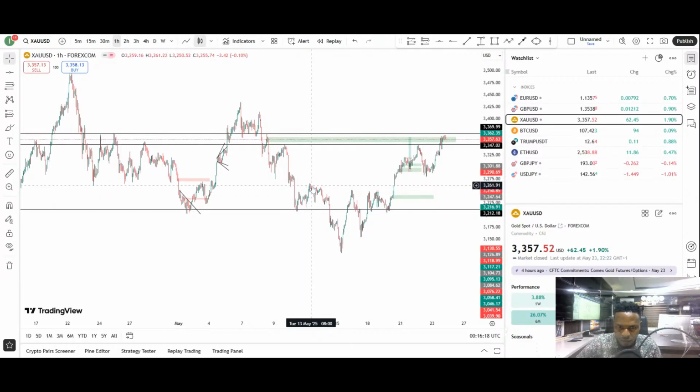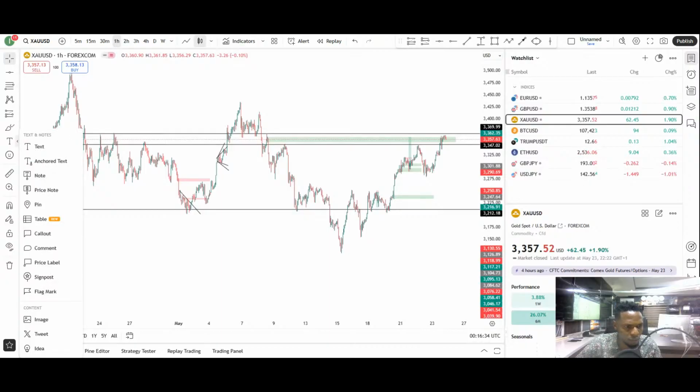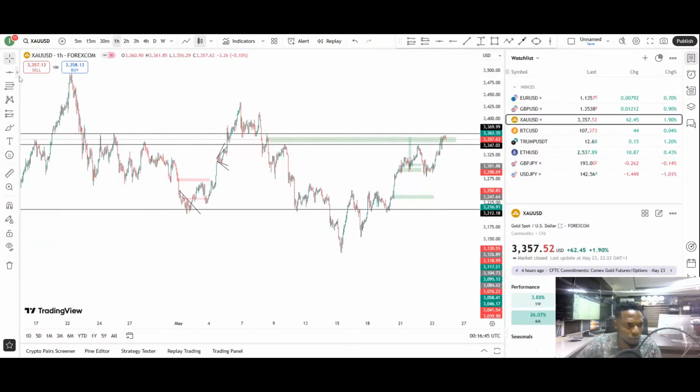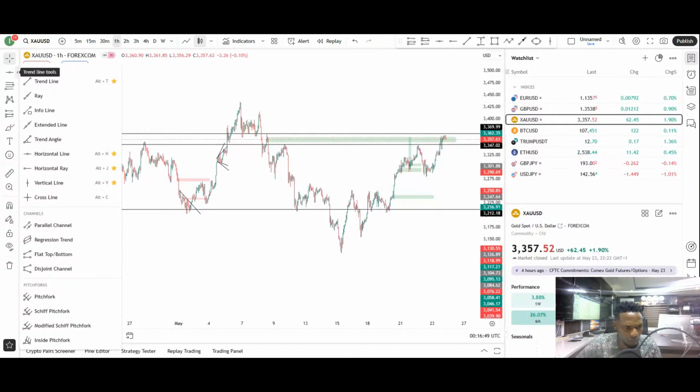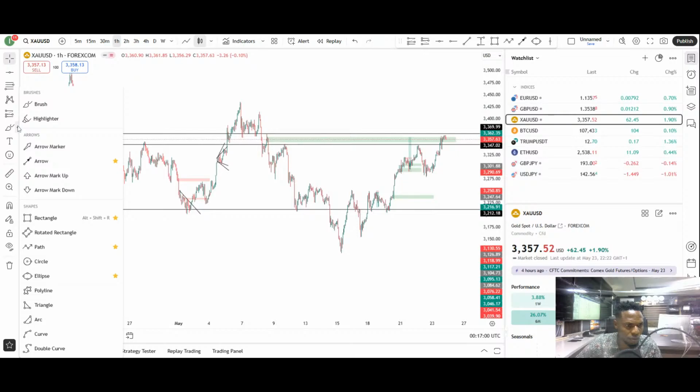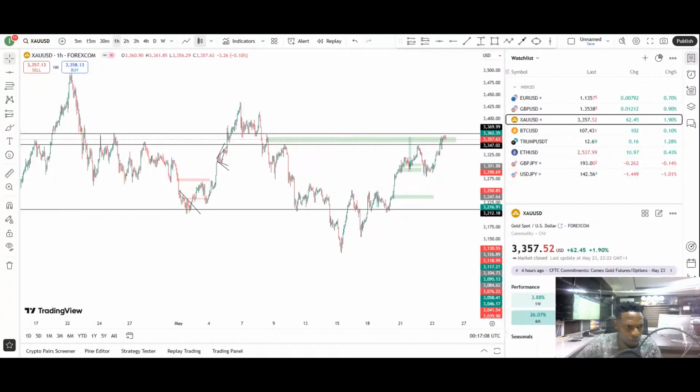Now, this should do. Let me take the Fibo. No, no, no. I'm trying to take magnets.